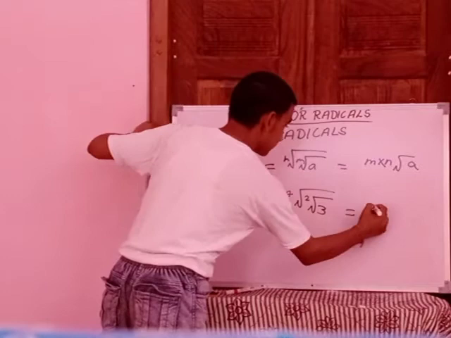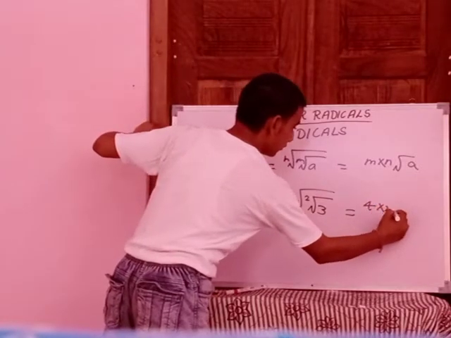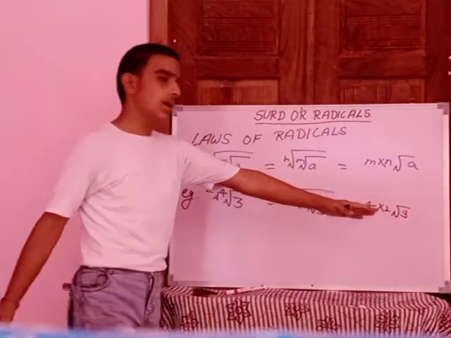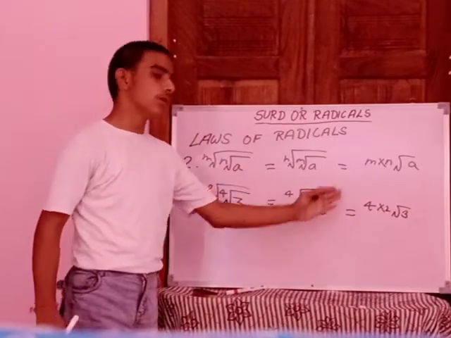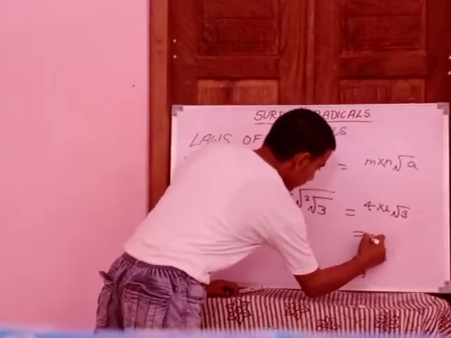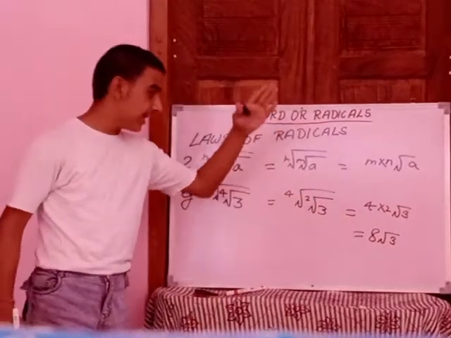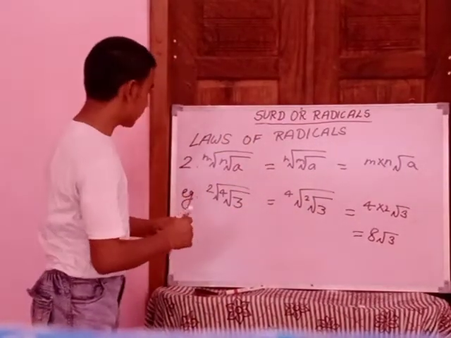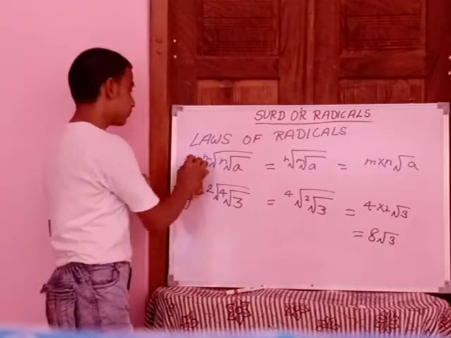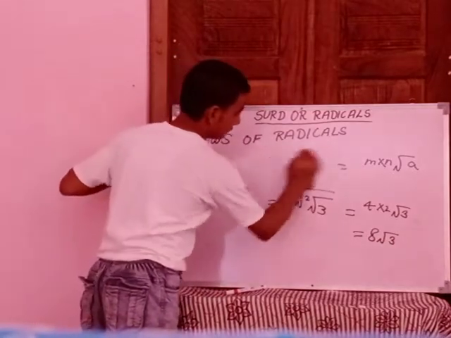This would be expressed as index 4 into 2, meaning the 8th root of 3. This was our second law. Now let's move to the third law.